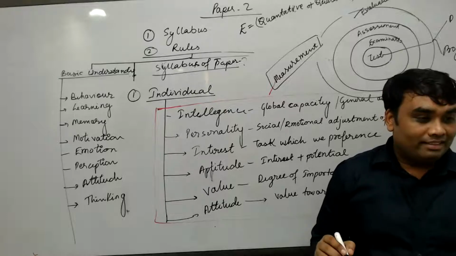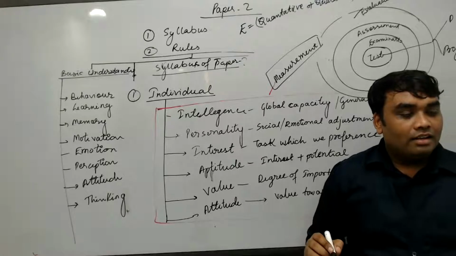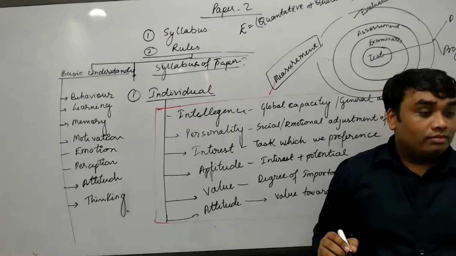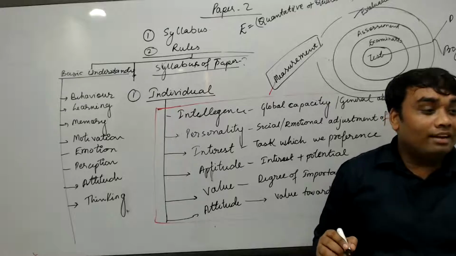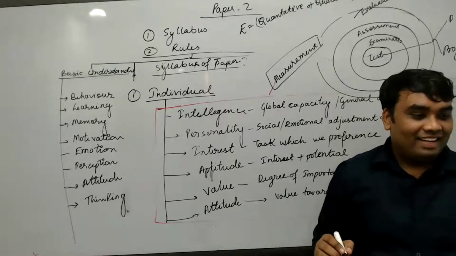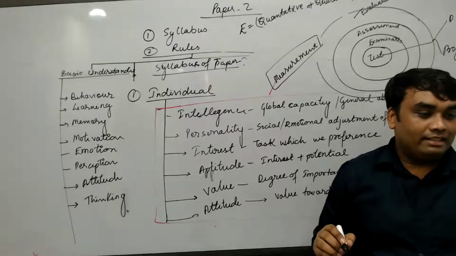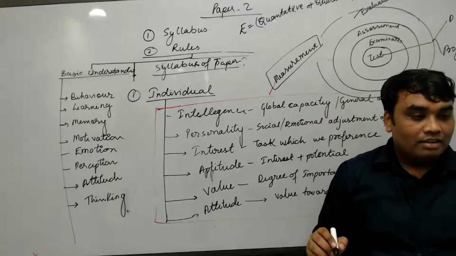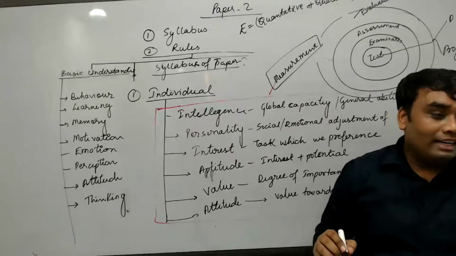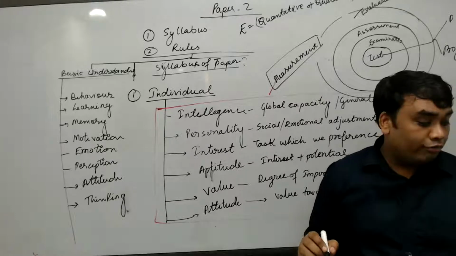Ratio measurement, interval, nominal, ordinal. So there are four types of measurement: interval, ratio, nominal, ordinal.